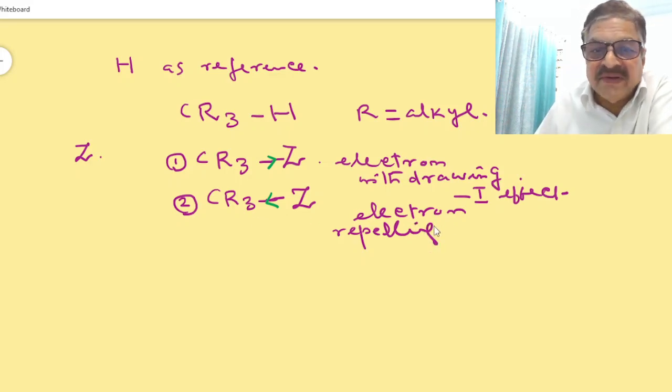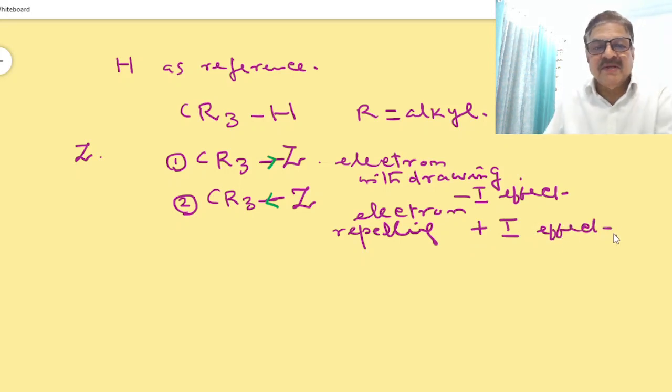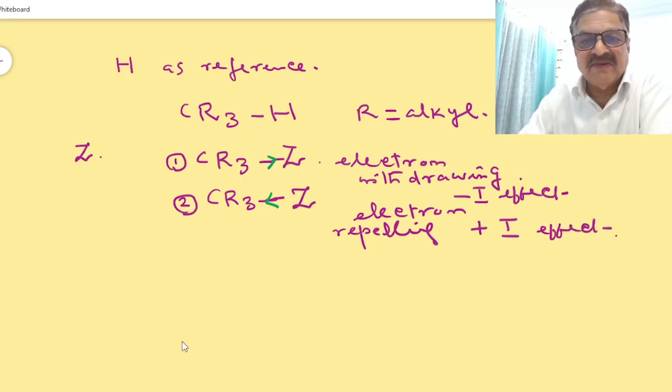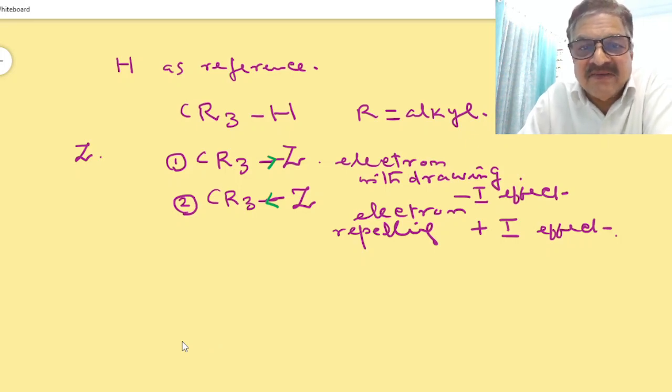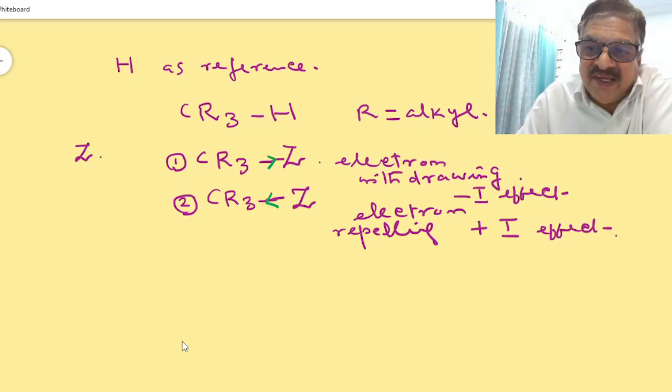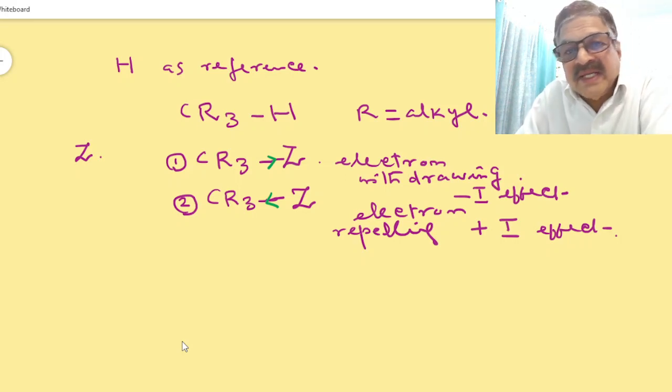The nomenclature is not that great. We can say electron withdrawing inductive effect as well as electron repelling, meaning electron releasing. These are the two types of inductive effects here.